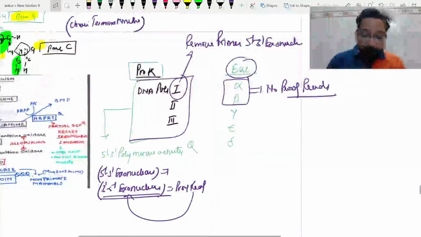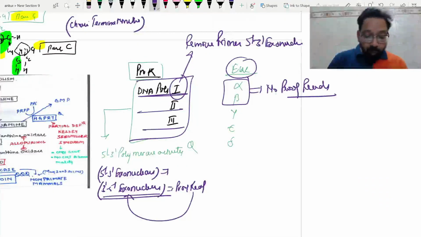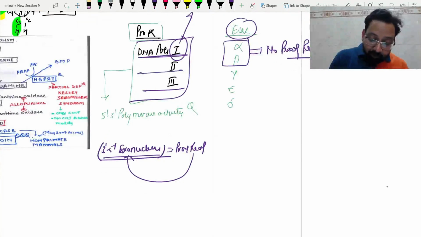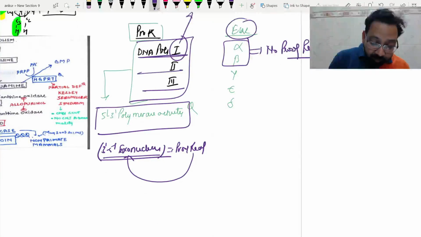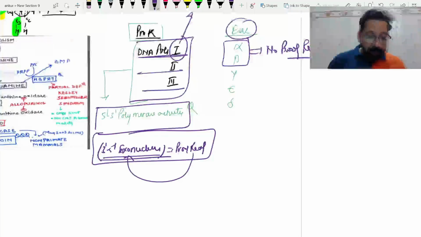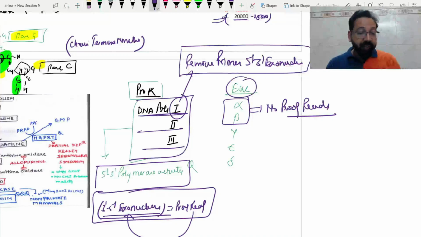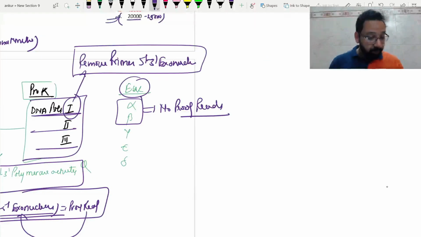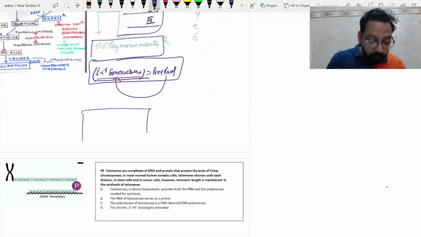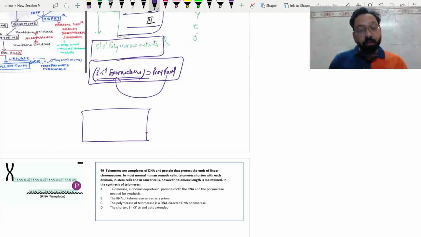So DNA polymerase 1, 2, 3 all have these two activities: 5 to 3 polymerase activity and 3 to 5 exonuclease activity. But DNA polymerase 1 has one extra activity, that is 5 to 3 exonuclease activity. I'm taking a little more time because this question was recently asked.